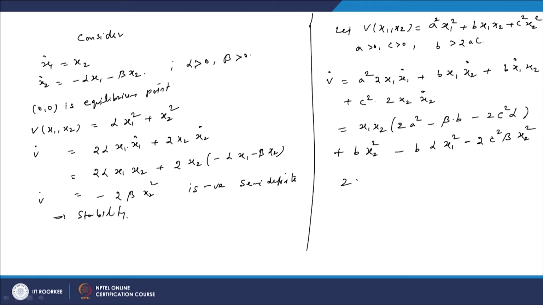That is, we can make minus 2 a square beta minus 2 c square alpha, if it is 0, then the x1 x2 term will become 0, and similarly this b minus 2 c square beta, if it is strictly less than 0, then the condition will give that v dot is negative definite.